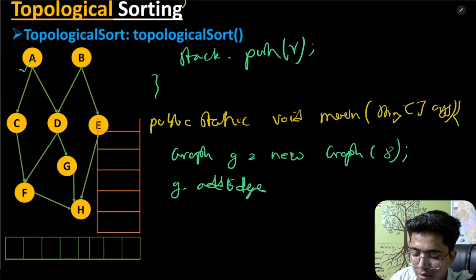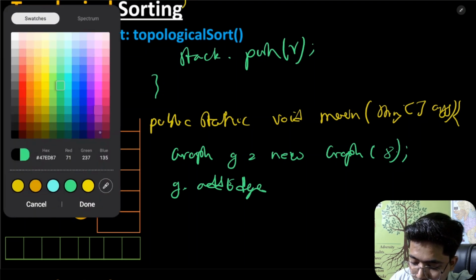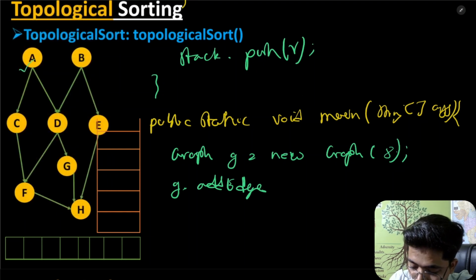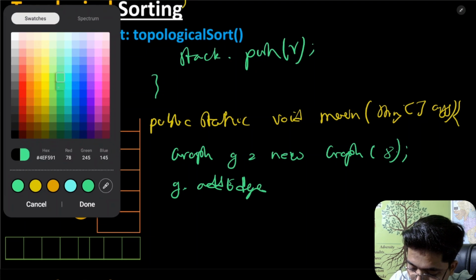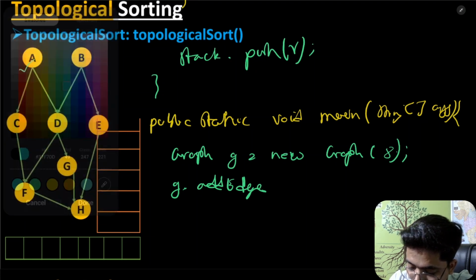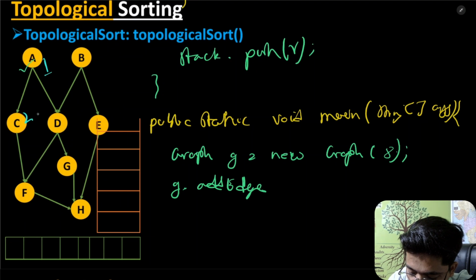Here we have vertices 1 2 3 4 5 6 7 8, so we pass 8, new Graph of 8. Now we'll add the edges one by one with g dot addEdge.